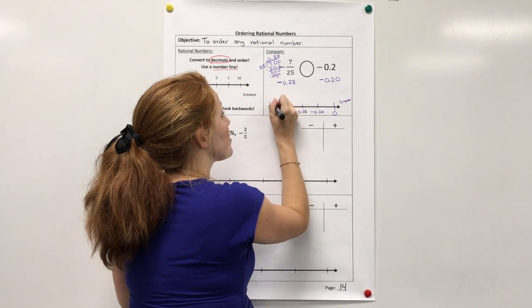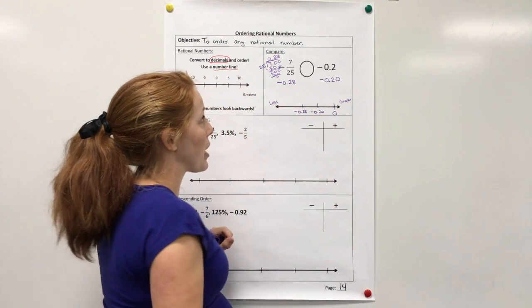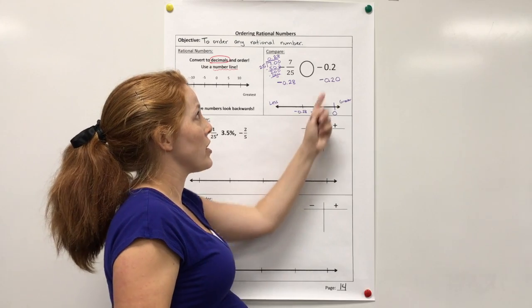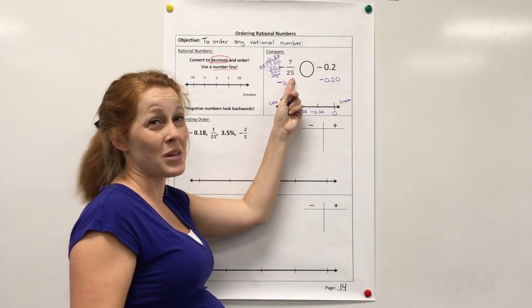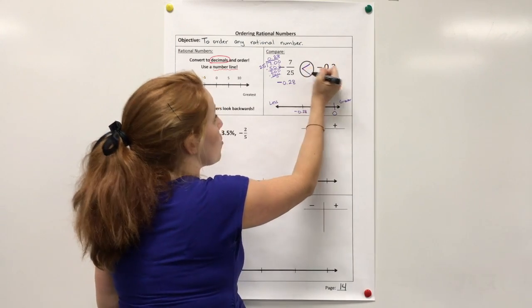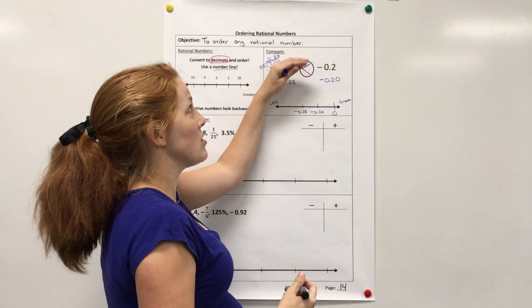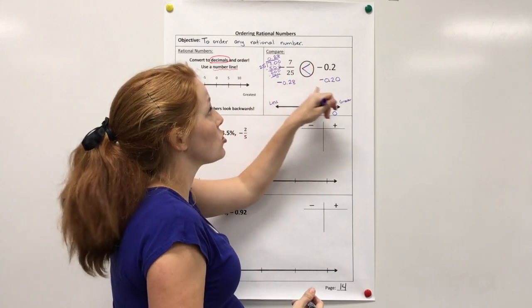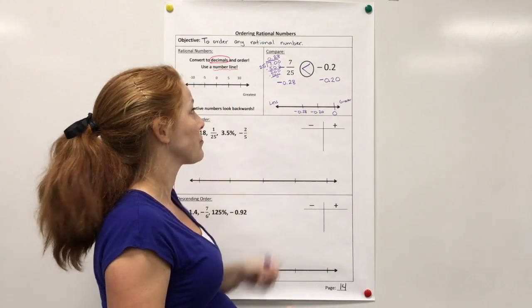Here are the less or fewer or smaller numbers, okay? So this one is greater, so that means this one has to be less than. So then I'm going to put the less than sign, or in other words, make sure that the inequality sign is open towards the larger number.